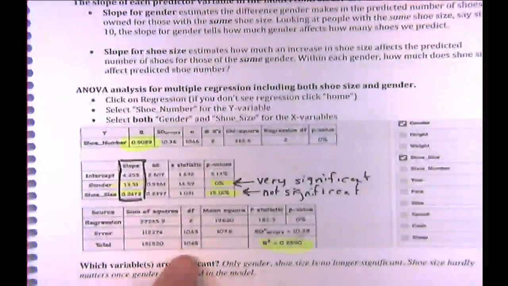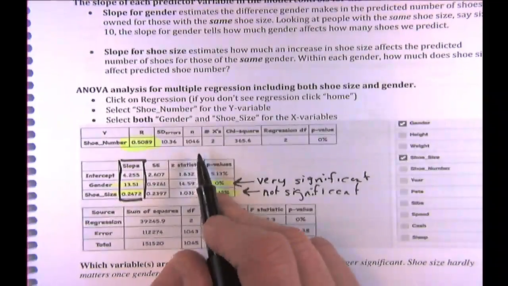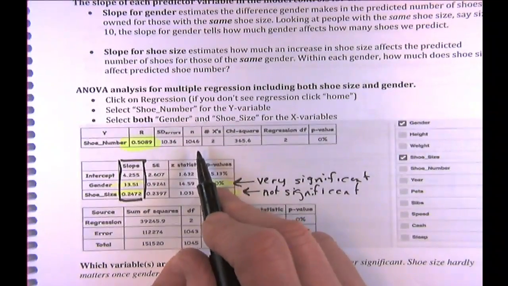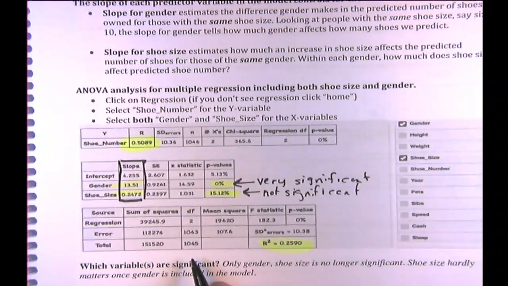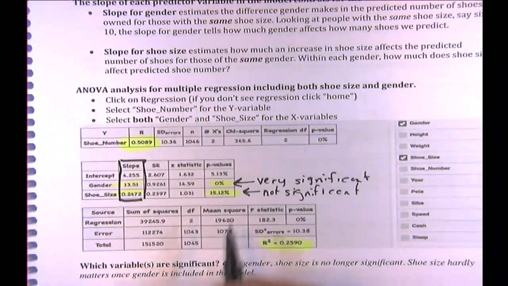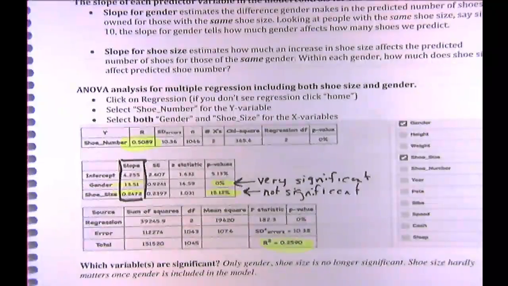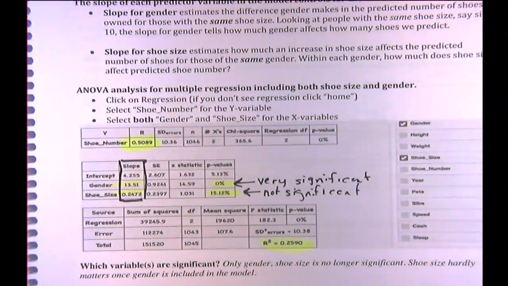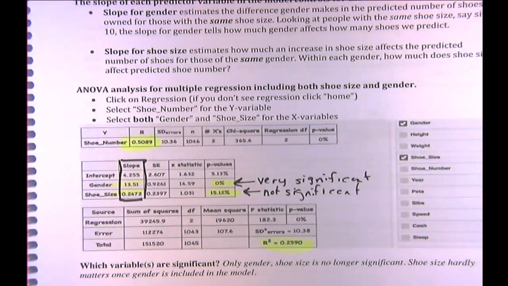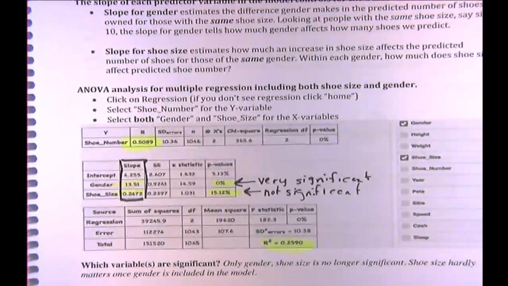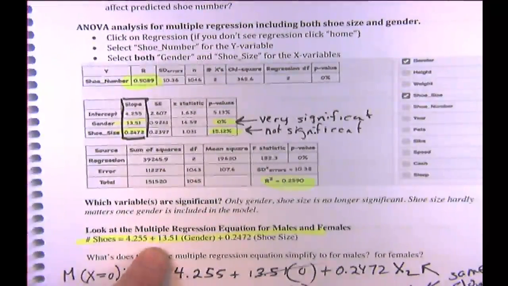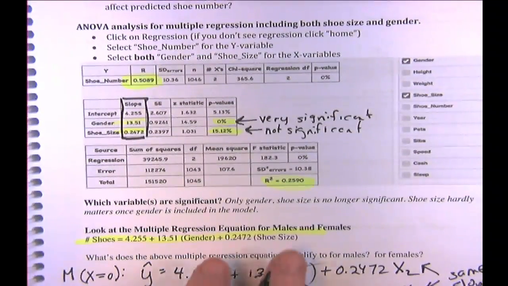Make sense of it. So your sample size is 1046. The total degrees of freedom will be 1 less than that. The number of parameters here is what? We have 2 slopes and 1 intercept. So there's 3 parameters.